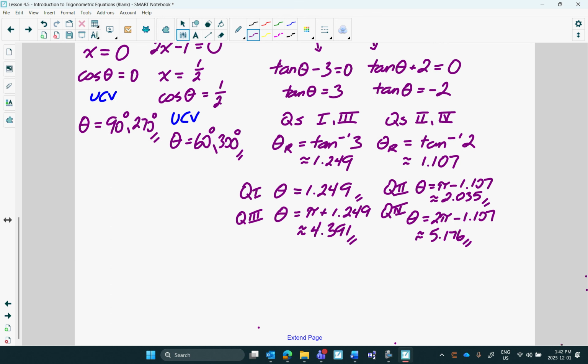So again, notice with these kind of questions, there usually seems to be about 4 solutions. Not all the time, but most of the time. Sometimes there may only be 3. Okay, let's look at a couple more.